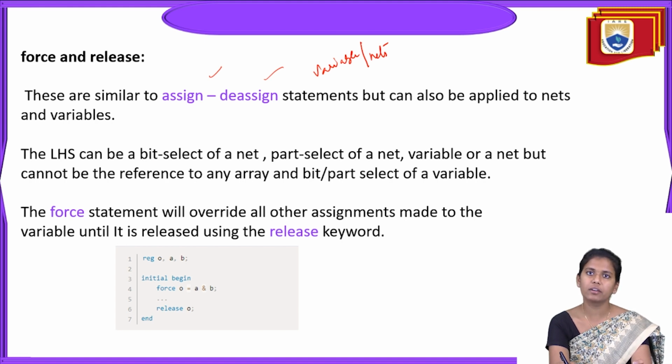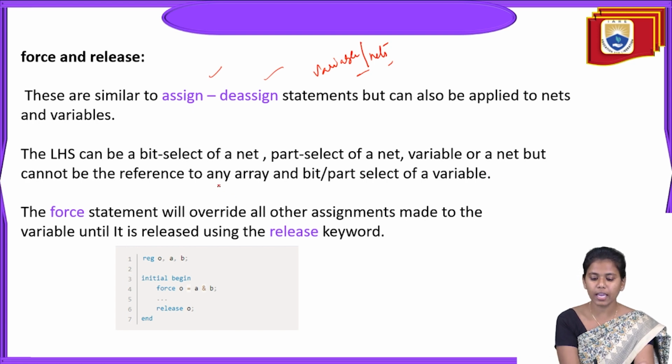The force and release is also a kind of procedural continuous statement, where the LHS can be a bit select of a net, a part select of a net, a variable or a net, but cannot be a reference to any array or a bit or part select of a variable.